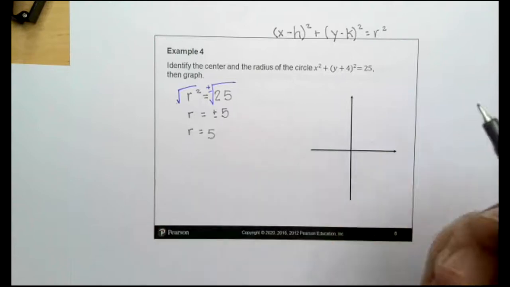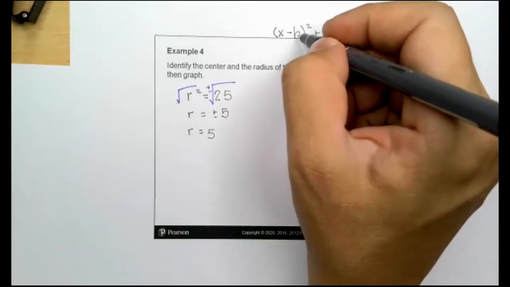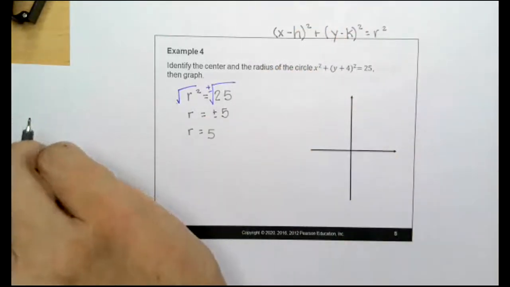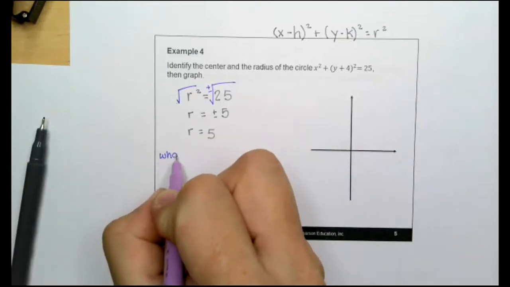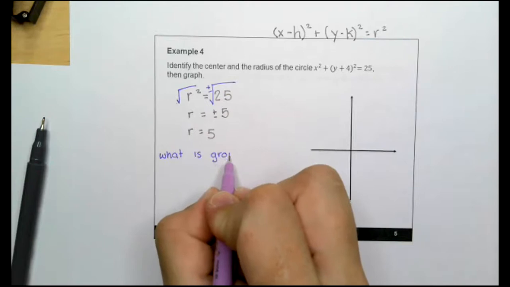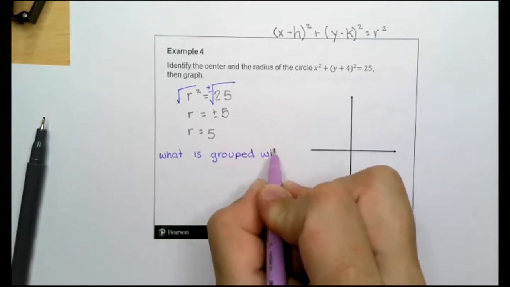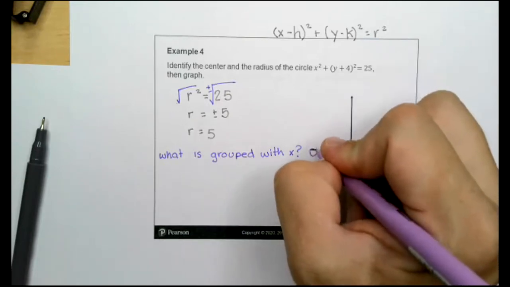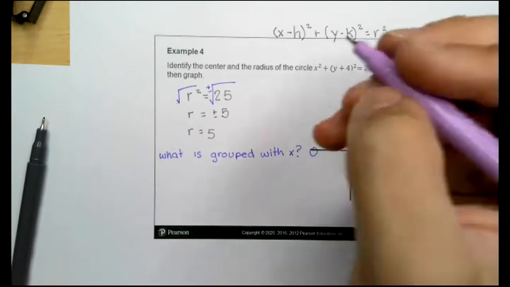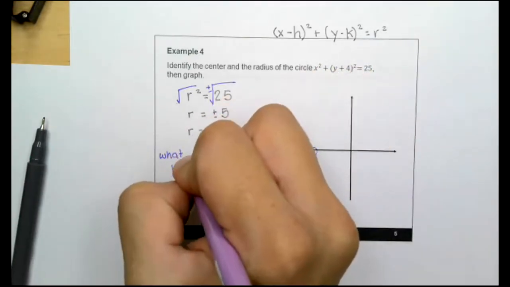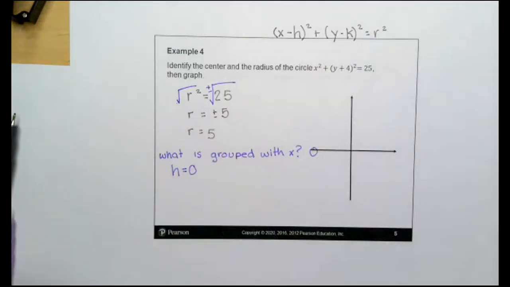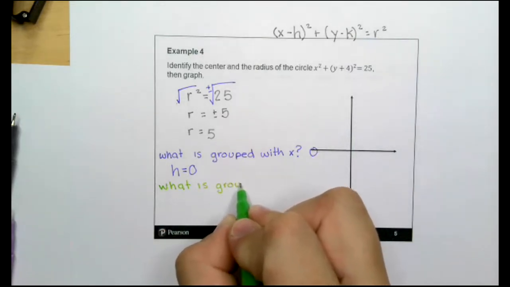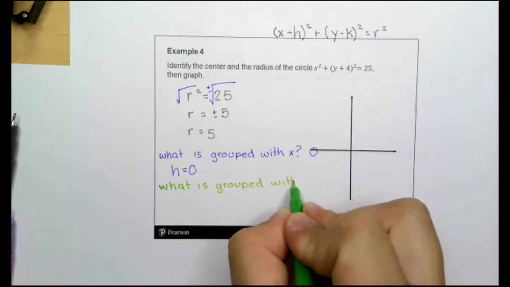So we found r. H is whatever was grouped with x, and then we change the sign. So we'll ask the question again. What is grouped with x? Nothing, right? Nothing is 0. You can't change the sign of 0, so we say h is 0. To find k, we say what is grouped with y?